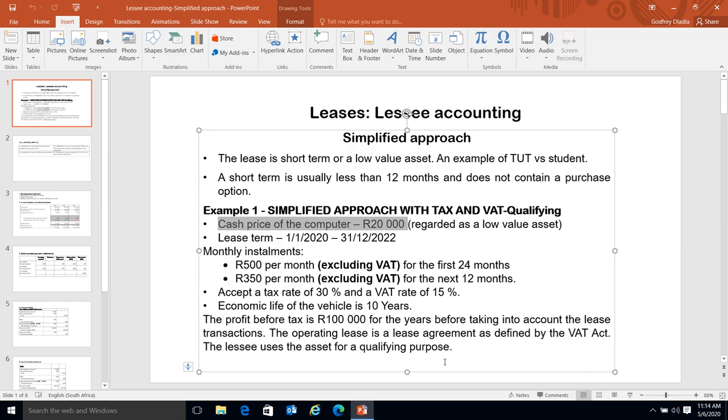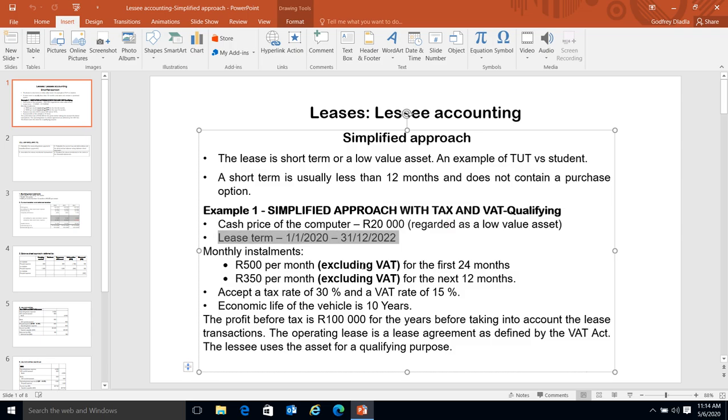You just read it and then you pass, because there's nothing that you're supposed to do with it. Okay, you cannot depreciate. You are not using this asset and getting ownership of it at the end of the lease. You cannot depreciate, right?